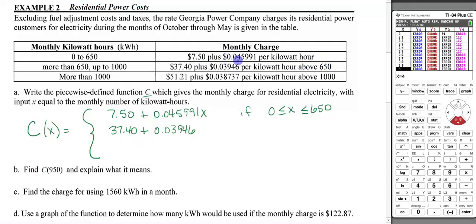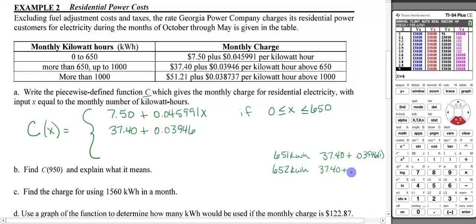We would be in the first tier. So let's say that we used 651 kilowatt hours. What would the charge be? It'd be $37.40 plus 0.03946 times 1. Okay, if you used 652 kilowatt hours, it'd be $37.40 plus 0.03946 times 2.